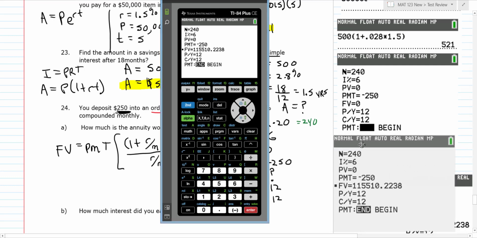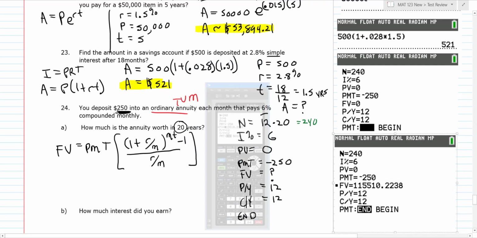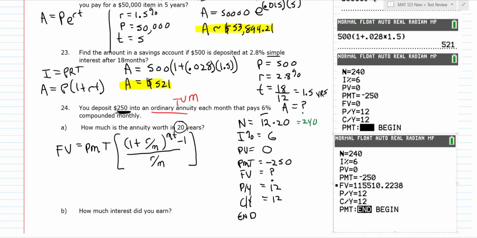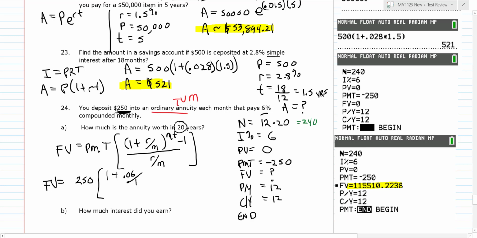So see, it's real easy to just use the TVM solver. All right, so this would be the amount that's in the annuity. So what we would have is the future value would be this amount. Now, if you plugged this into the formula, it'd go like this. Your payment would be $250 times 1 plus the interest rate, 0.06 over 12 for compounding monthly.